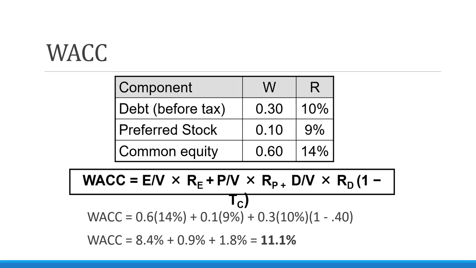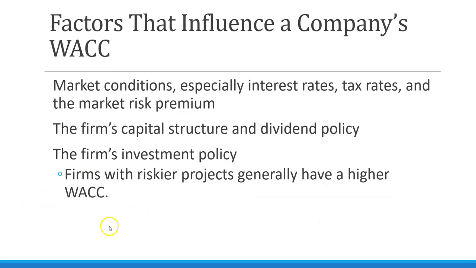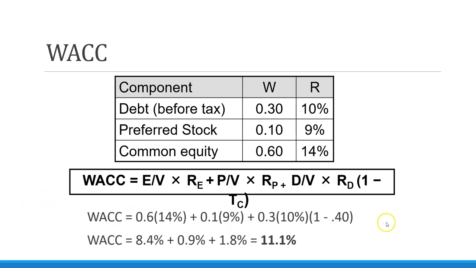We put that into our WACC formula, which doesn't fit in this box, and we calculate that our weighted average cost of capital, or WACC, is 11.1%. Now, in most situations, we would use this as our discount rate when we are evaluating capital projects.